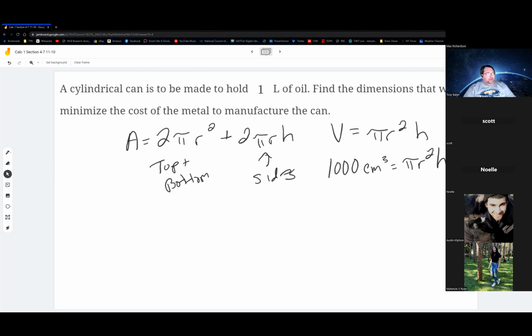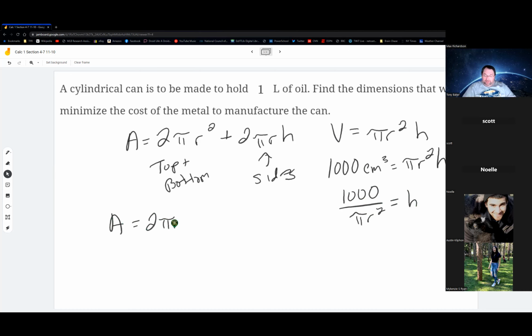All right, so now what we need to do is put these equations together so that we only have one variable that I'm dealing with. So let's solve this one for h, because h is basically by itself. So we have 1,000 divided by pi r squared equals h. And now I can plug that back into this problem.